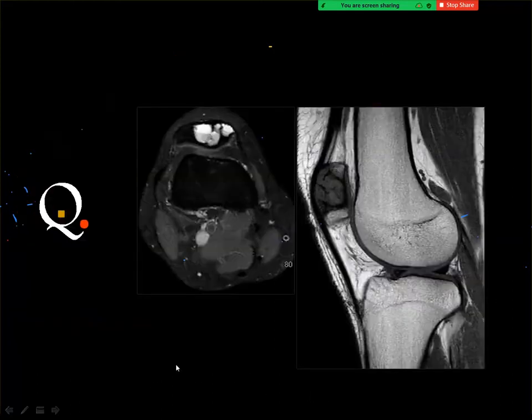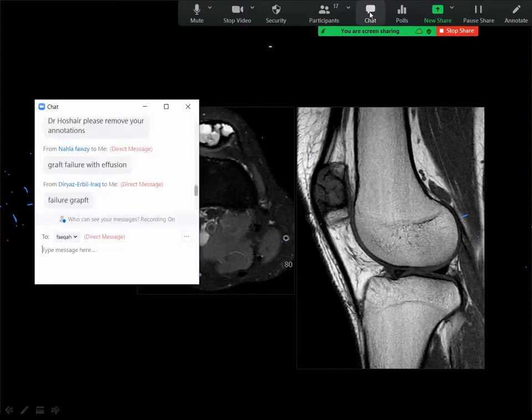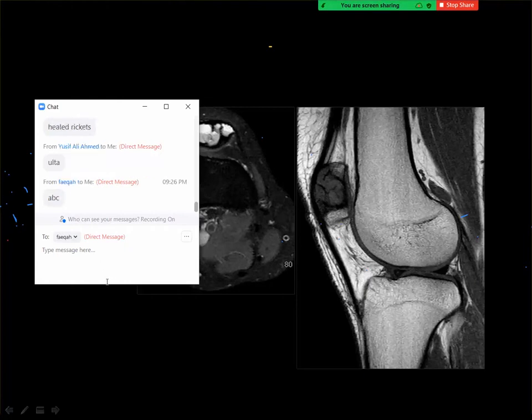Next case, this is axial STIR and sagittal T1 showing a patellar pathology. What do you think? Someone said ABC.